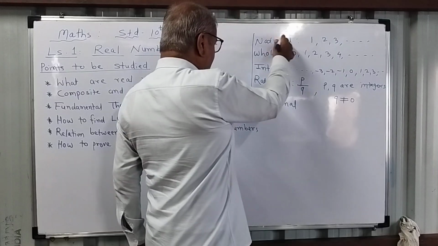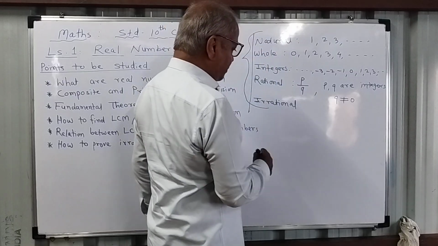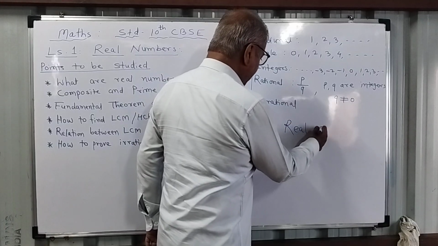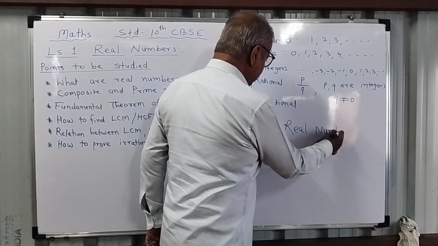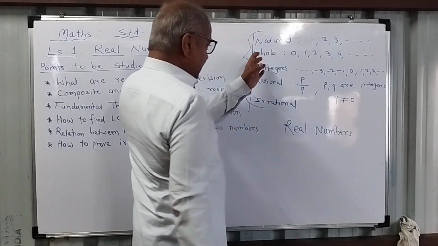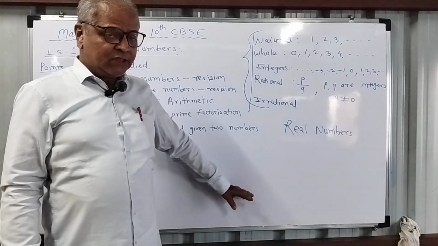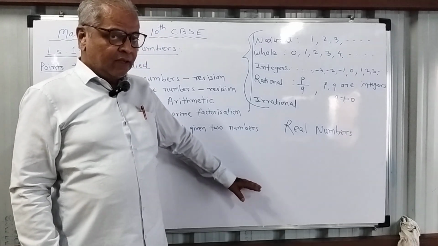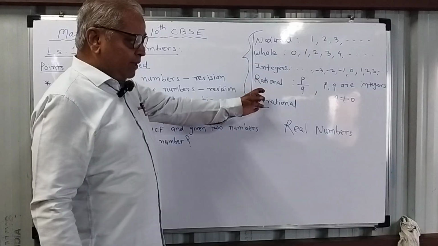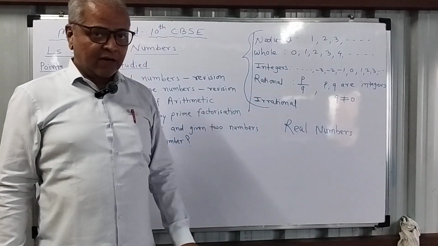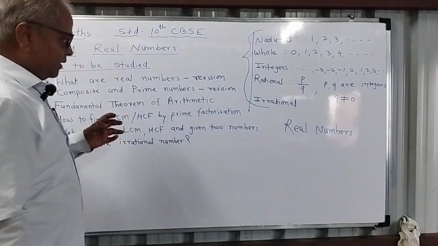And all these 5 types of numbers together are called real numbers. All these numbers can be shown on the number line. Those numbers exist and can be represented on the number line. That's why these numbers are called real numbers.